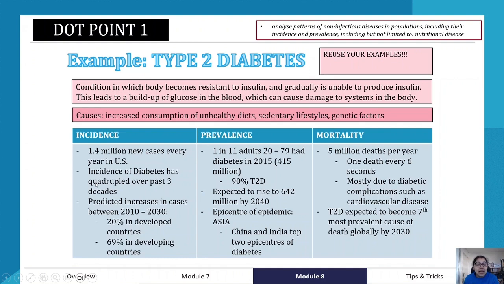Incidence of diabetes has quadrupled over the past 3 decades, and there are predicted increases in the cases between 2010 and 2030. Now, 20% of those cases will be, as we predict, concentrated in developed countries, while 69% will be in developing countries.